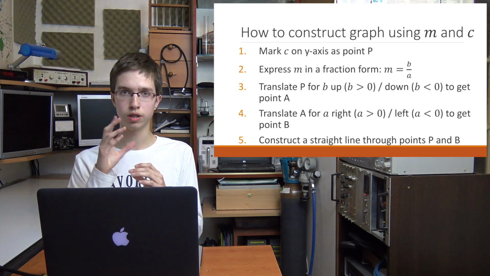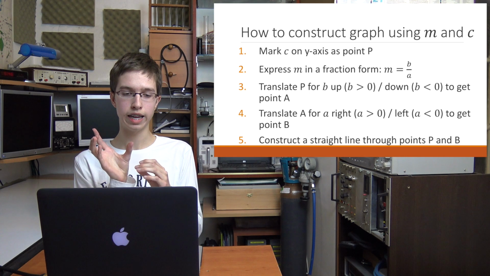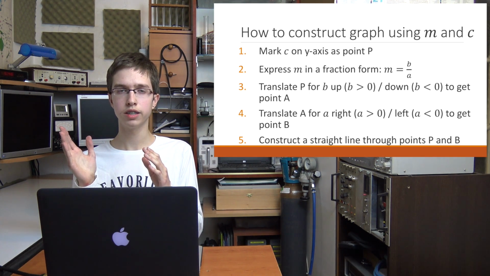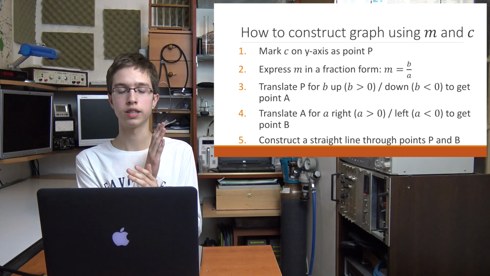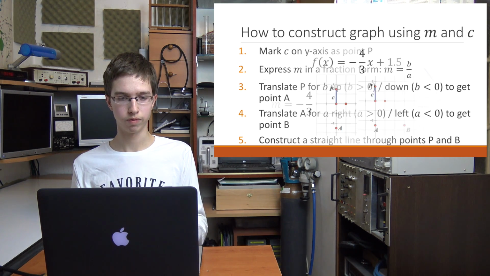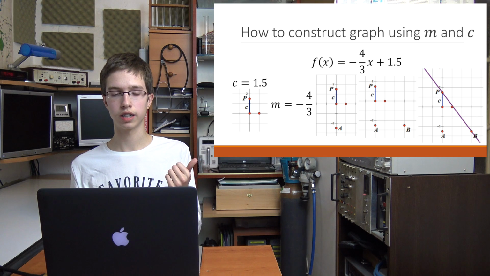If b is positive, then up, and if b is negative, then down, to get some point A. Now translate that point A by a distance a to the right if a is greater than 0, and left if a is smaller than 0 to get point B. And finally construct the straight line through the points P and B. Here we have an example where c is equal to 1.5, and all of these steps we can see here.